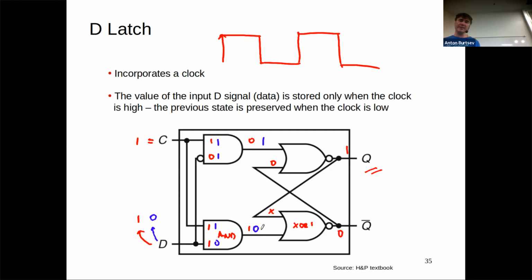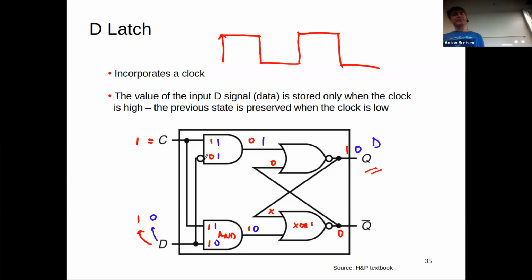And this combination, 1 and 0, is a reset combination which sets Q to 0. So if the clock is high, this one is D, right?